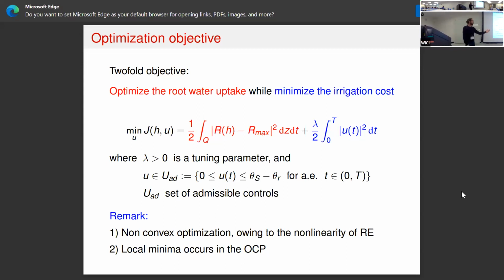And if you want to, well, get the pressure such that the root water uptake is maximized, this will have an irrigation cost associated. Okay, then we have a parameter lambda that can somehow tune which of the two objectives we want to prioritize.